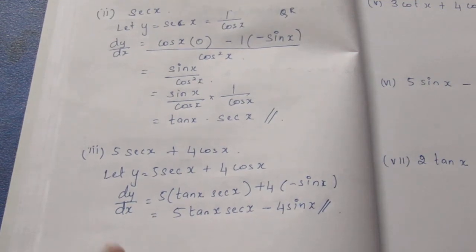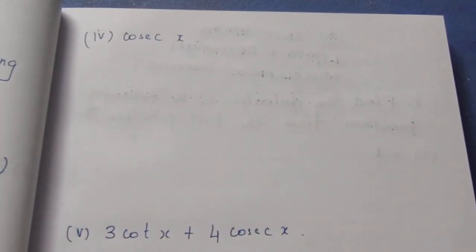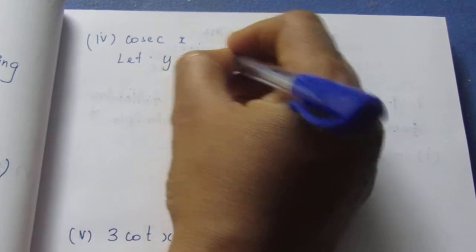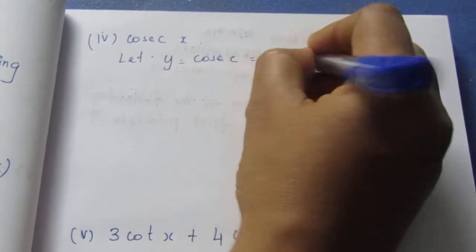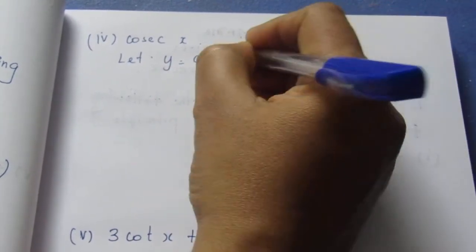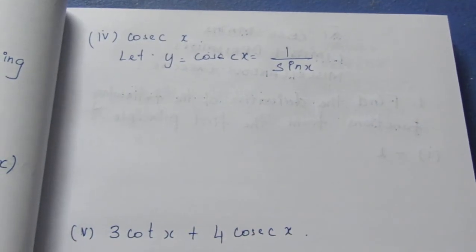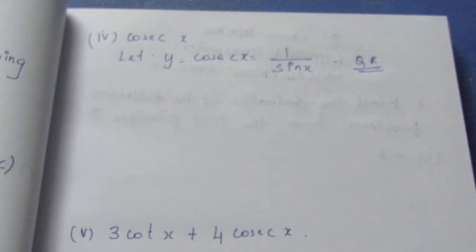We'll move on to the fourth one. In the fourth one, it is given as cosecant x. So let me write, let y is equal to cosecant x. I am going to take cosecant x as 1 by sin x. So again with the quotient rule, because it is in division.